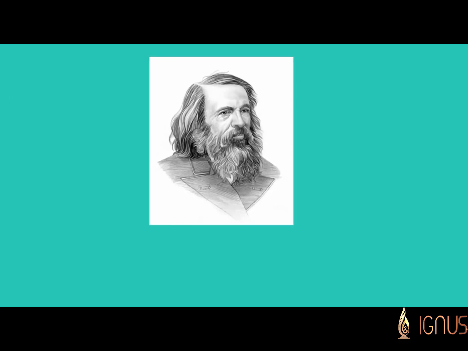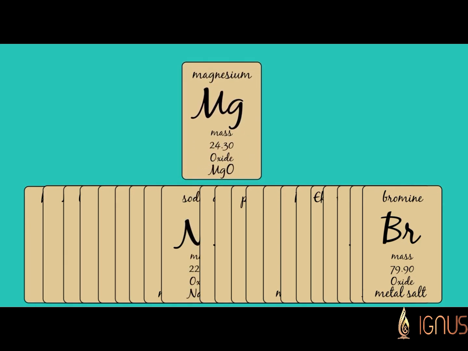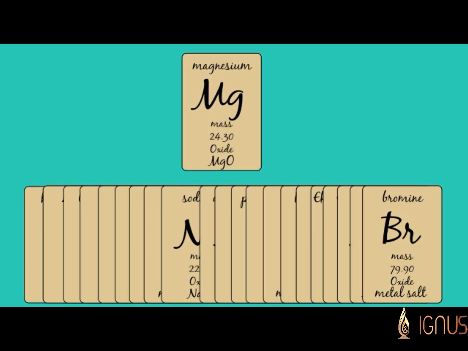The main credit for classification of elements must go to the Russian scientist Dmitri Mendeleev. Mendeleev created a deck of cards, and in each card he represented a different known element. He also included some more information, like atomic mass and the ratio in which it combines with oxygen atoms.